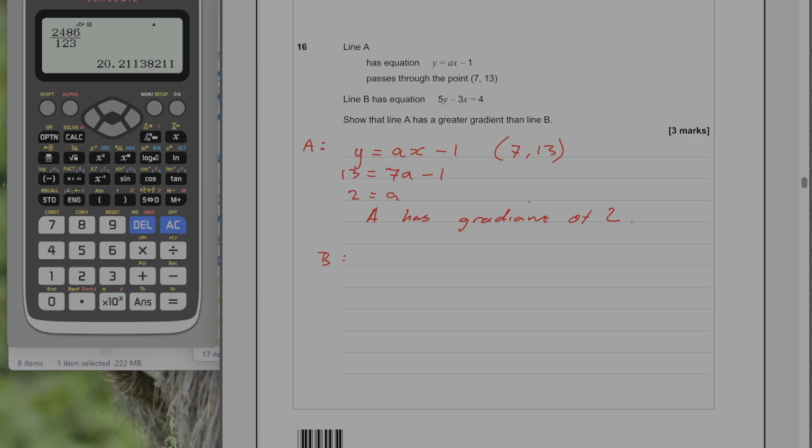Right, line B. We need to rearrange this to get it in the form y is equal to mx plus c. So 5y minus 3x is equal to 4. So 5y is equal to 3x plus 4.